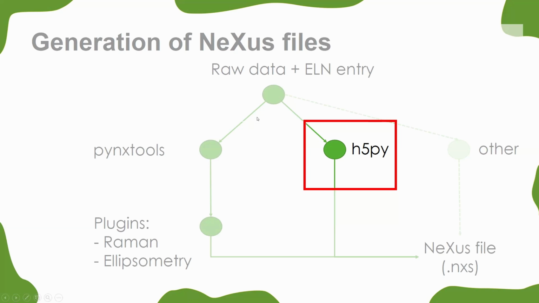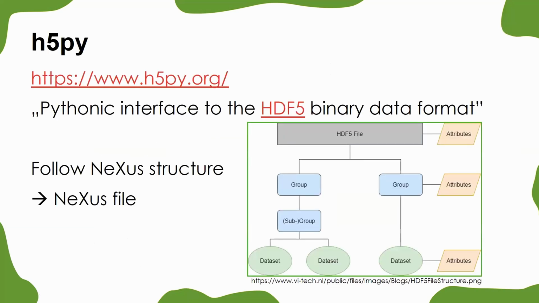And I also want to show you this. It is also a good way to get into this NeXus structure, to play a little bit around with it and so on. So what is h5py? This is a Python package. It's a Pythonic interface to the HDF5 binary data format.